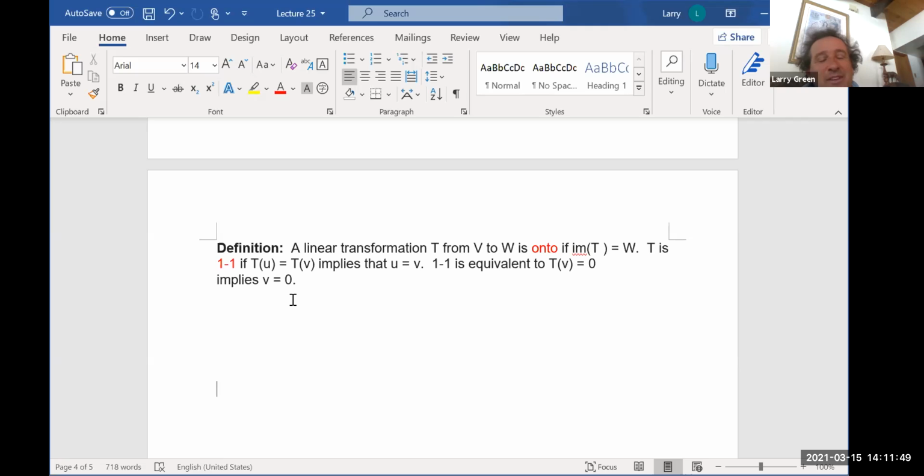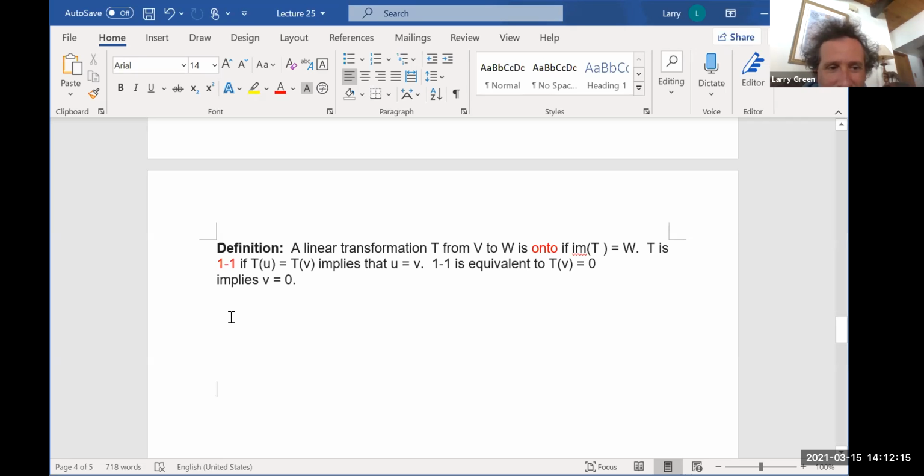All right, let me just throw some things at you. Is the derivative 1-to-1, onto, neither, or both? Remember, we're looking at all differentiable functions. What do you think?